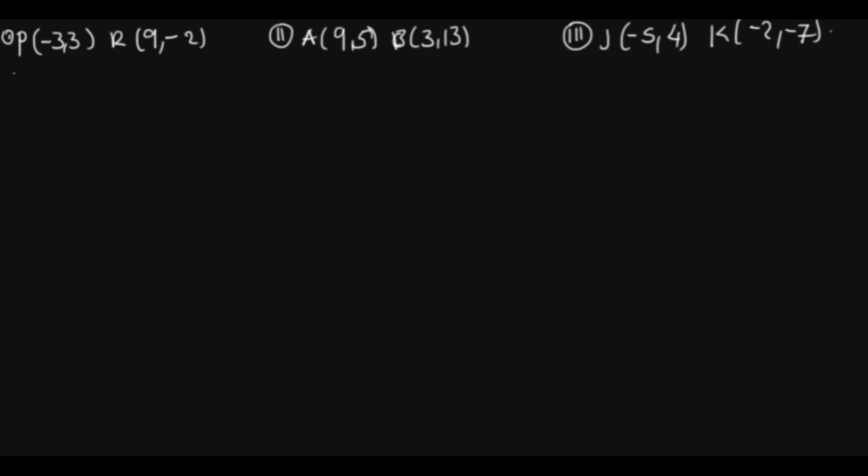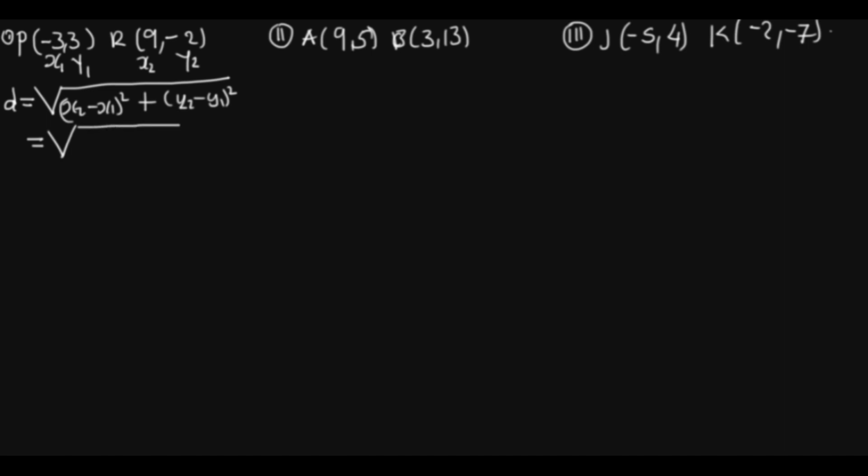Let's begin with the first part, finding the distance PR. First we need to assign: the first pair, the x is x1 and the y is y1, then x2, y2. From there we write our formula: x2 minus x1 squared plus y2 minus y1 squared. Then after writing the formula, we substitute.